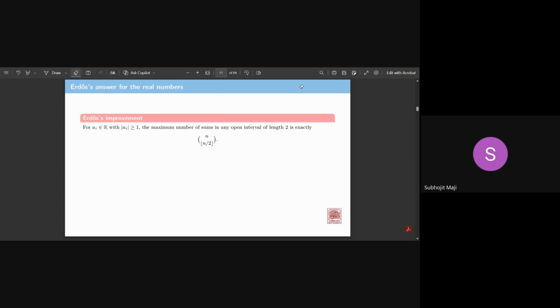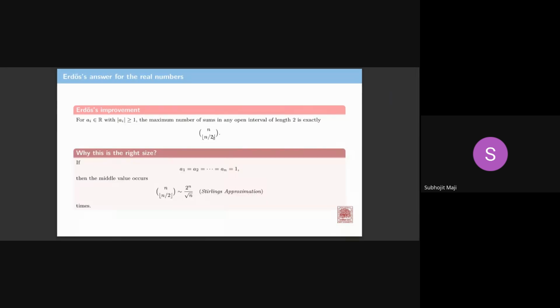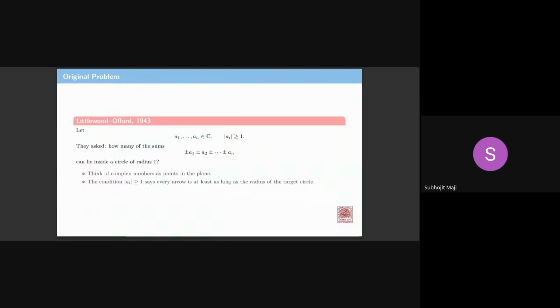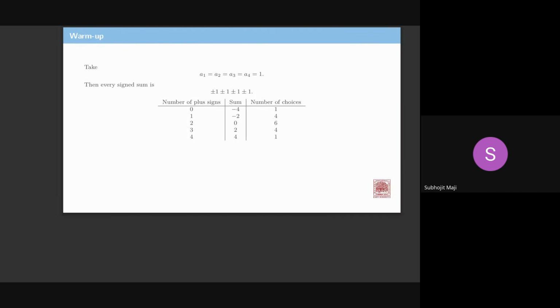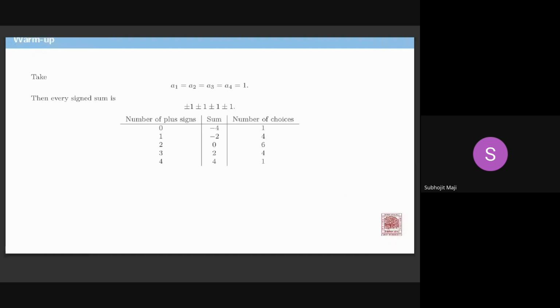Now, a vague approximation to this is, if we had taken all of them to be equal, then the middle value that occurs, as you have seen right here, that is the number of plus signs being 2 and the number of minus signs being 2, is basically 6 times, or 4 choose 2, or to be a bit more general, n choose n by 2.